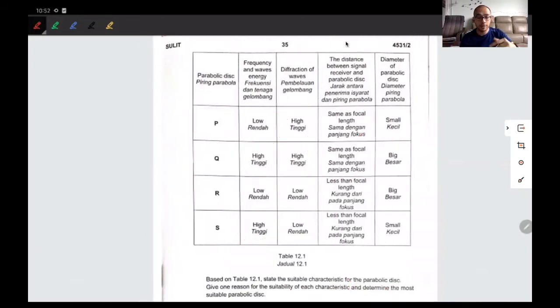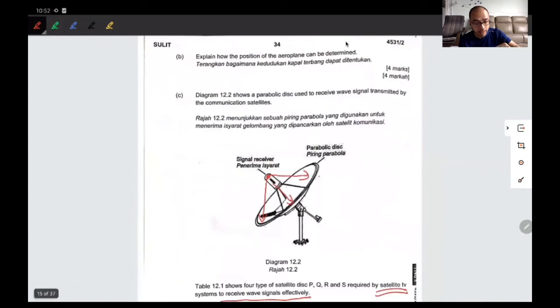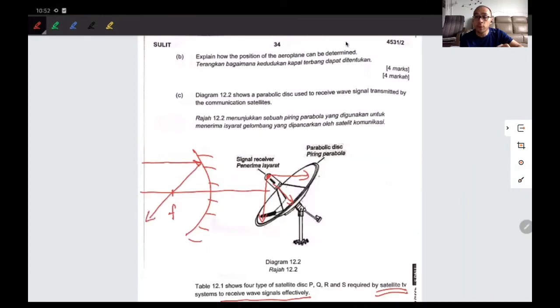Remember concave mirror, if this is the principal axis, this is the focal point. The focal length is where the light focuses.